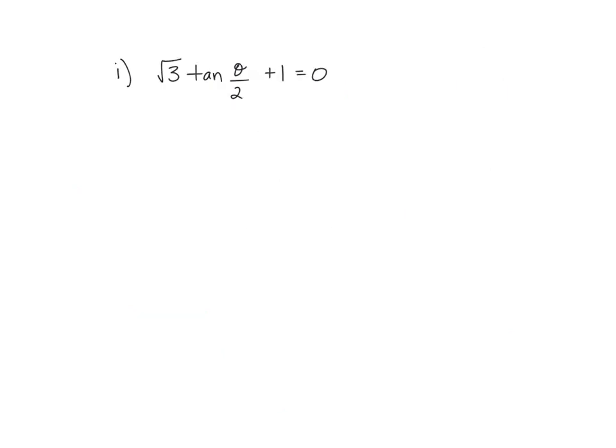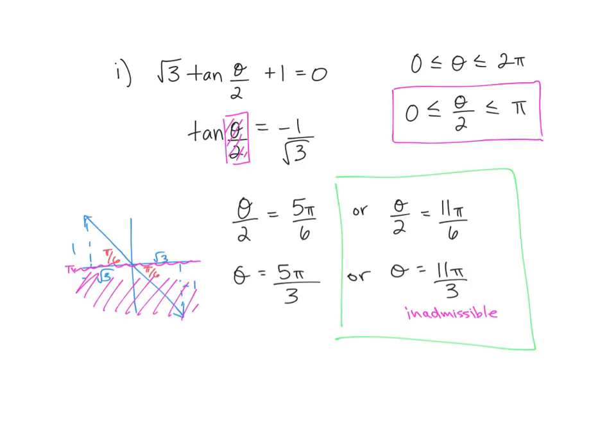Okay, so in example I, still following our same steps, we want to isolate for our trig ratio. And what we notice here is, I'm hoping we notice, instead we have this angle that's theta divided by 2.